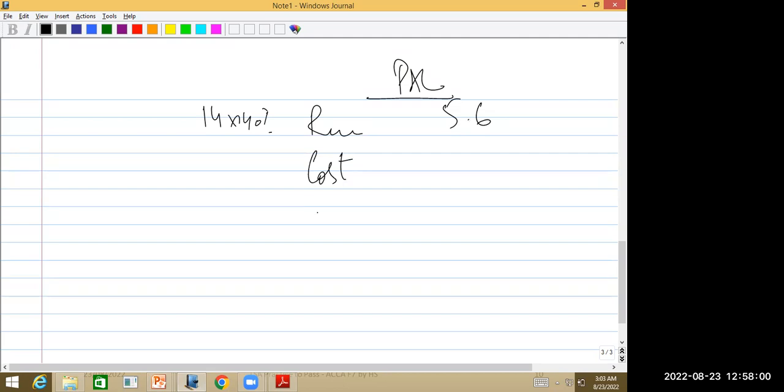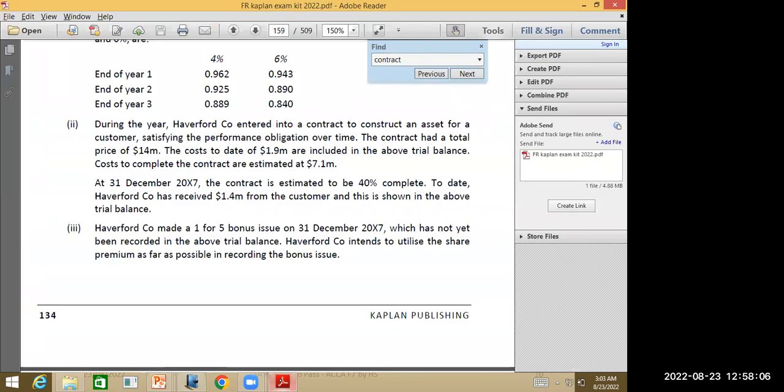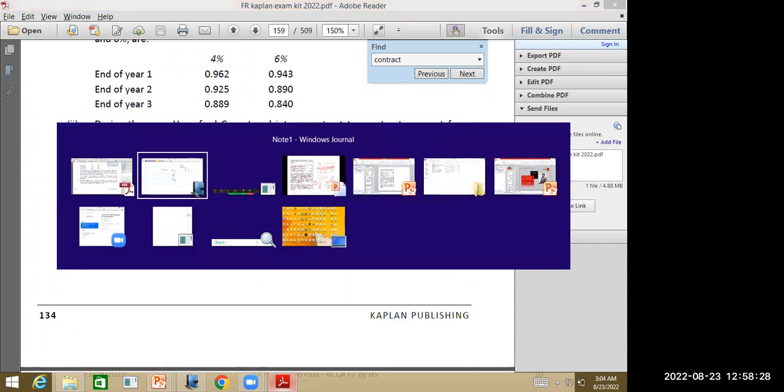Second one is the cost and the profit. With respect to the cost, you need to take the cost incurred to date. So up till now, we have incurred 1.9 million. Am I right? The cost to date of 1.9 million is included in the trial balance. And the further cost is 7.1 million, that will be incurred in the future years.